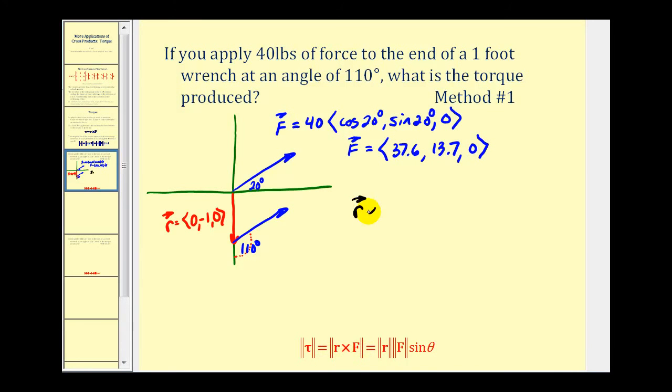So r crossed with F is going to be equal to the 3 by 3 determinant, where the first row is going to be i, j, k. The second row will be the components from vector r, 0, -1, 0. The third row will be the components from vector F.